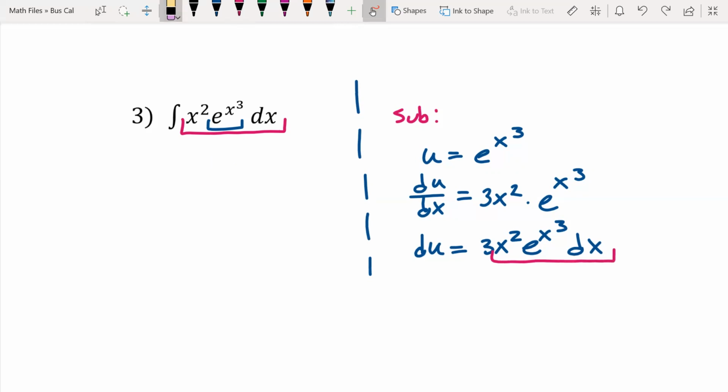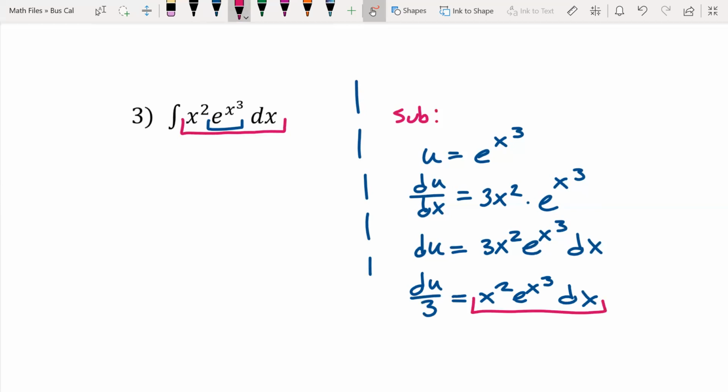So what I'm going to do for this guy is just divide it by 3. So I'll get du over 3 equal to x squared e to the x cubed dx. And now this part of our sub matches with that in our integral, which means that all of this just becomes du over 3.